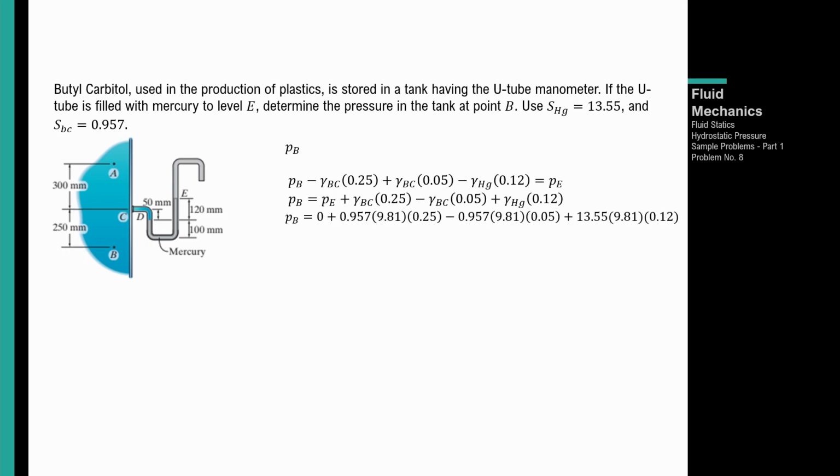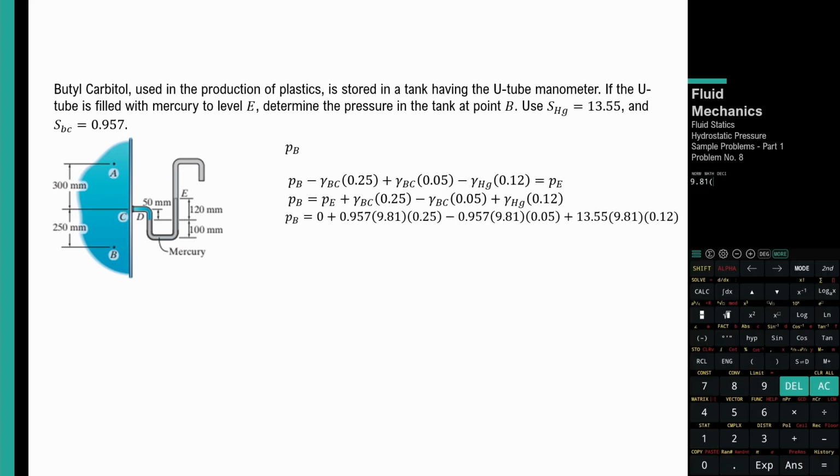So yun nga yung pressure sa E plus 0.957, yun yung specific gravity ng butyl carbitol. Tapos 9.81 para dun sa unit weight ng water. Hindi rin sinabi, so ito yung gagamitin. Tapos minus, yun din sa butyl carbitol yung pagbaba. 9.81 plus 13.55 times 9.81 times 0.12.